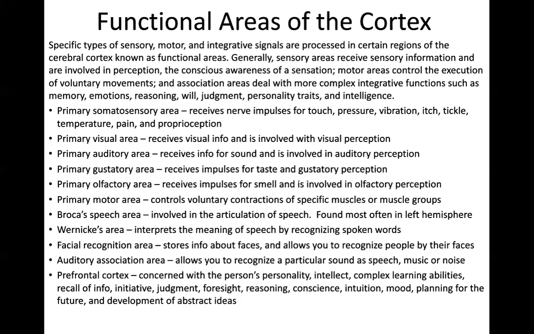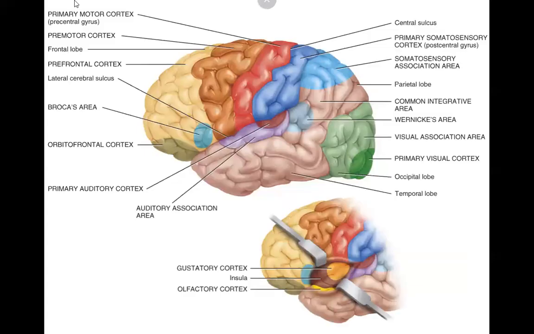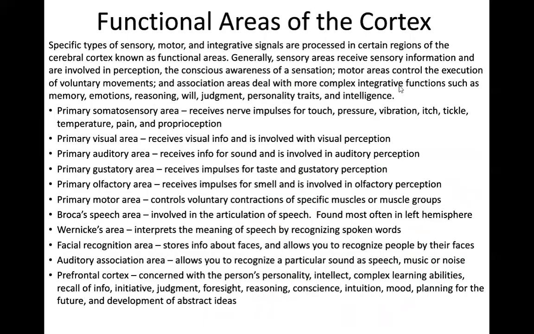What that sentence means is there are different areas of the cerebral cortex dedicated to where vision goes, where hearing sensations go, where touch goes, where smell goes. Those things are all mapped out on this page. There are also motor areas of our cerebral cortex, which control the execution of voluntary movements.